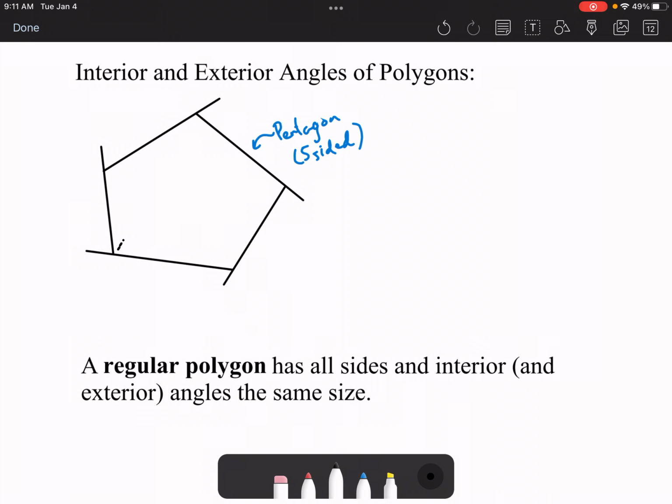So as you can see, I can create a triangle right here, and I can create a triangle right here. So what you can see is you have 1, 2, 3 triangles. So if you take your number of triangles and multiply by 180 degrees, this will give you the measure of the interior angles.